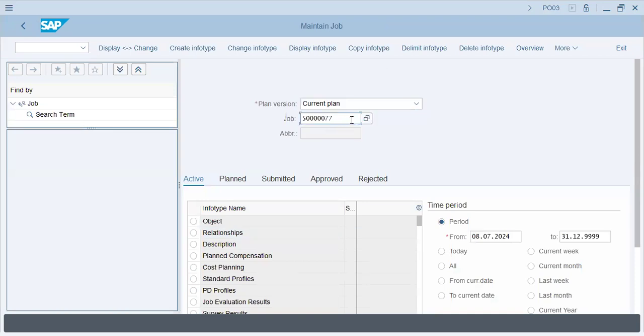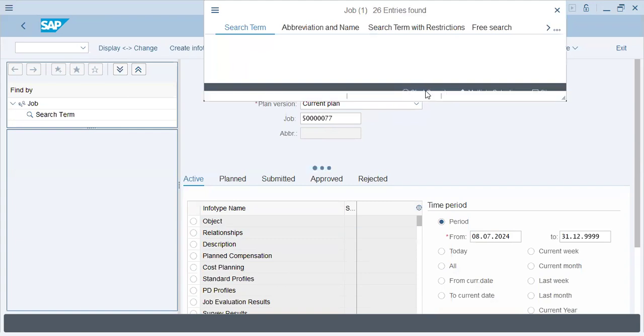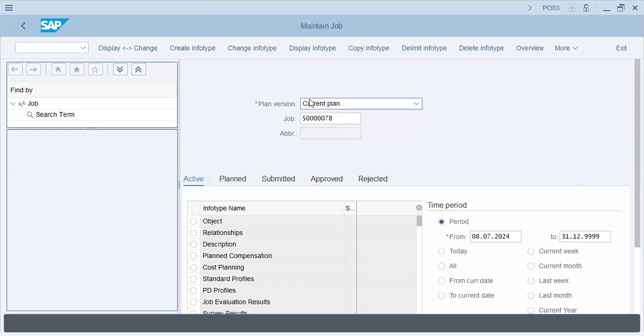A job is what describes a position. Okay. So let's find out. HR executives and manager, Walmart. Enter. Object is there. Display what is maintained.